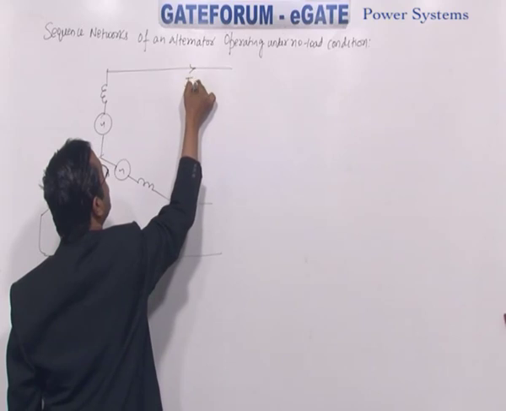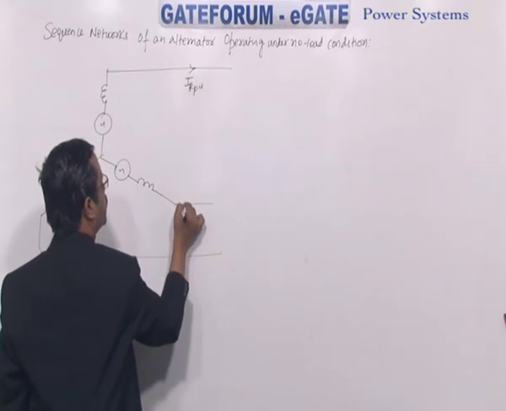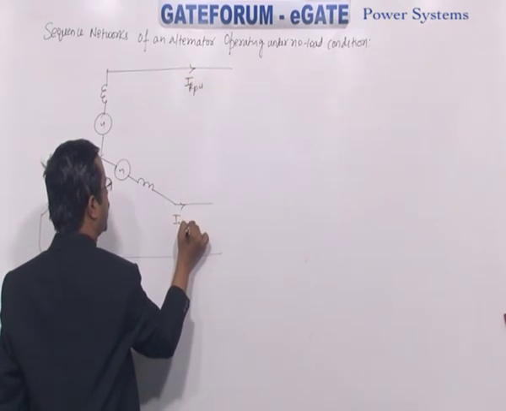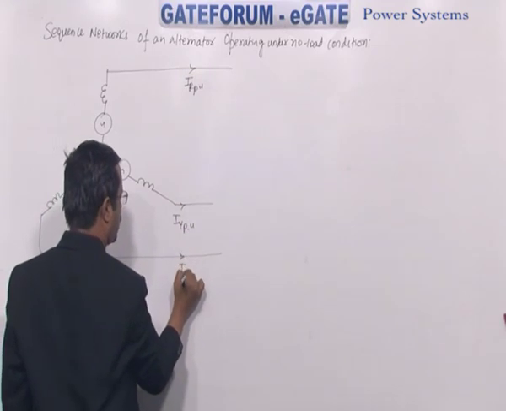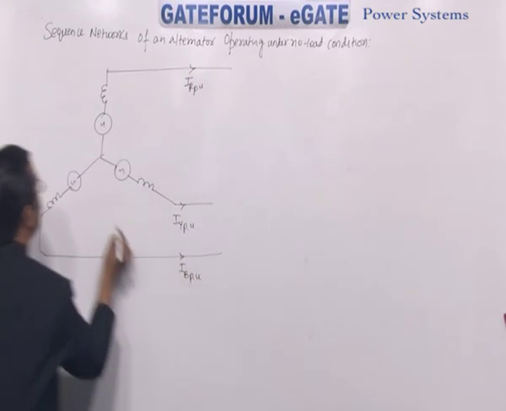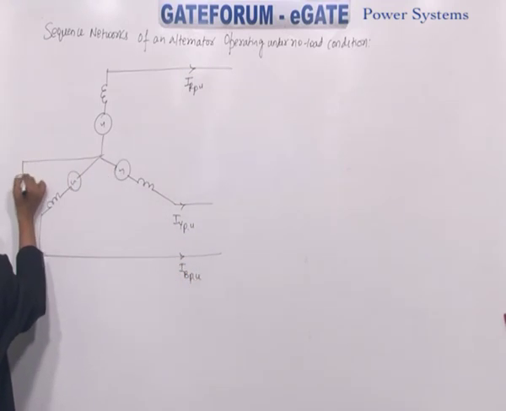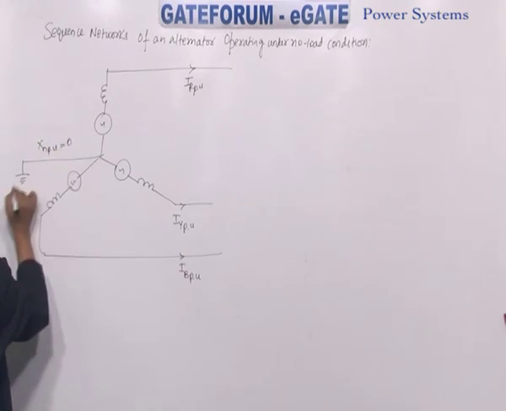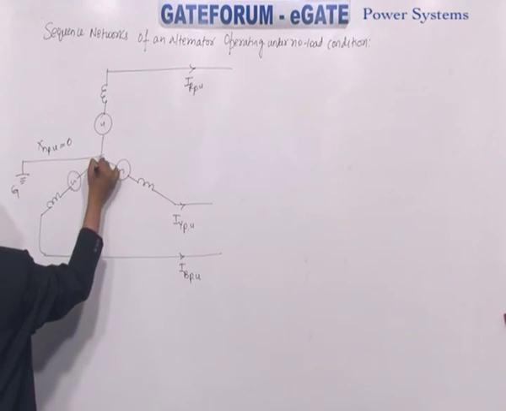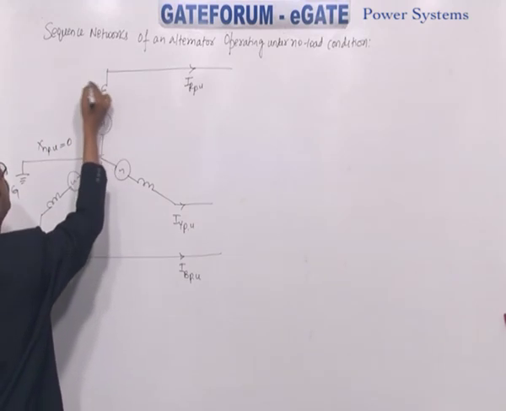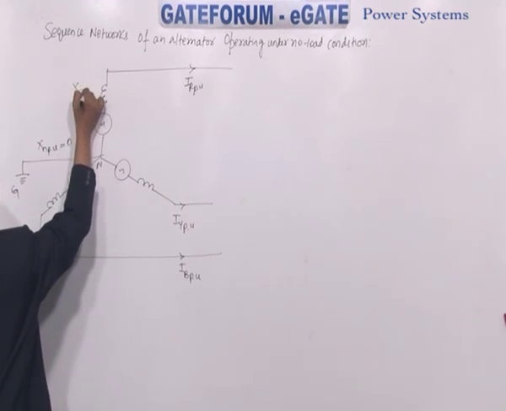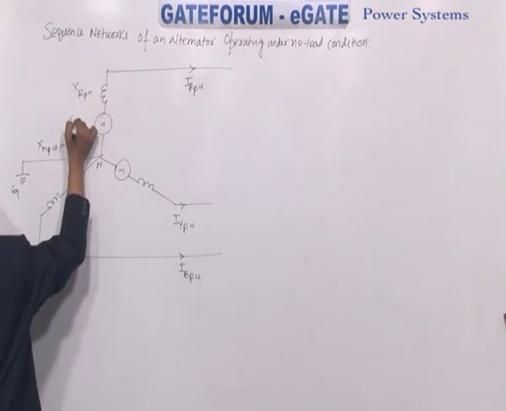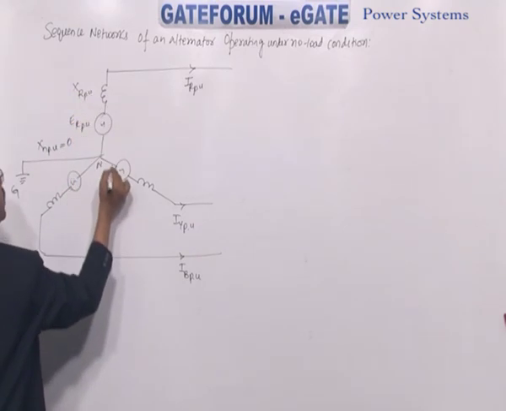No load means you represent initially the currents IR, IY, IB. And now you represent the reactance grounded, so Xn per unit is 0. So here XR per unit, ER per unit.